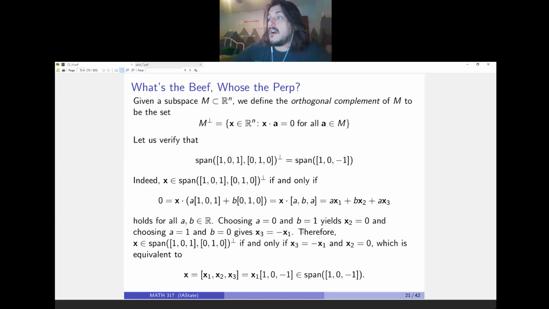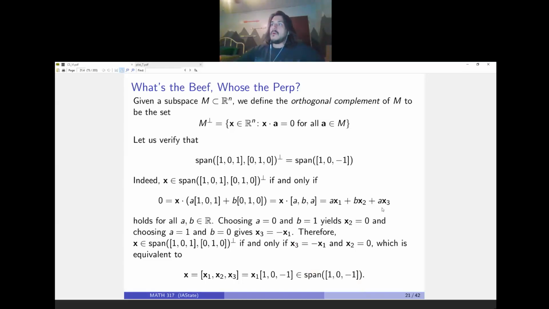So in other words, X is in this set if and only if X3 is equal to negative X1 and X2 is 0. So in other words, X has to be a scalar multiple of (1, 0, -1). So in other words, I'm in the span of this set.